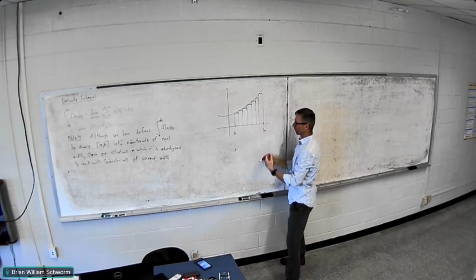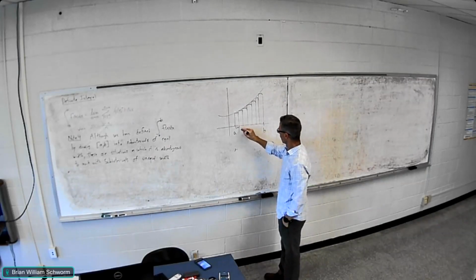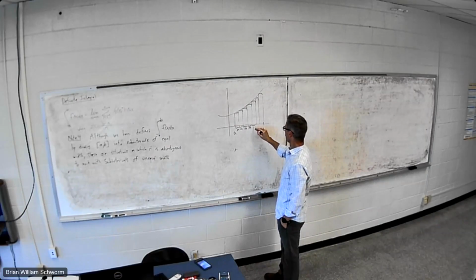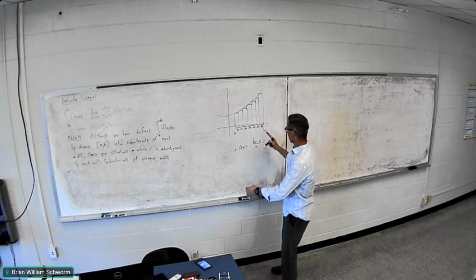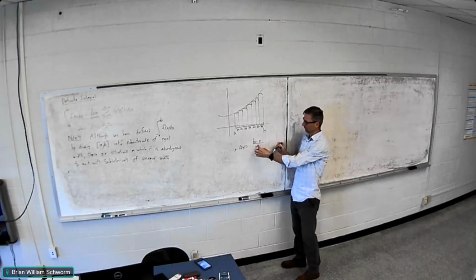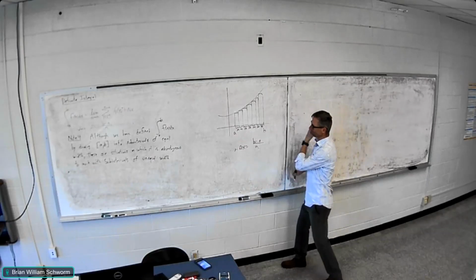Each one of them has a width of delta x. Every single one of them. Which, again, has the formula b minus a over n. Take the endpoint minus the beginning, divided by the number of rectangles.